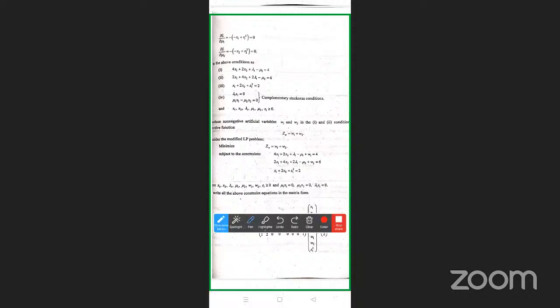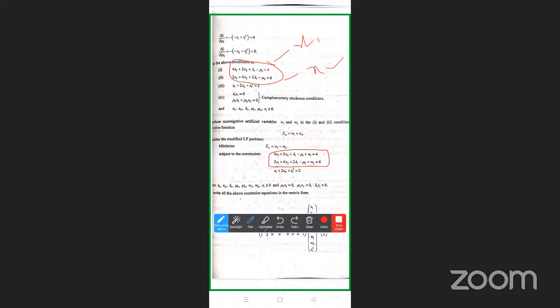So these two are the main equations, differentiation with respect to x1 and x2. So previous differentiation equations, these are the constraints for the new LPP, linear programming problem. Is that clear? Next.